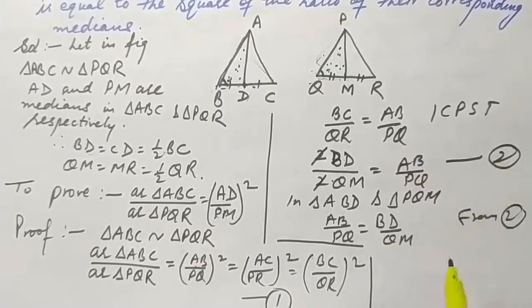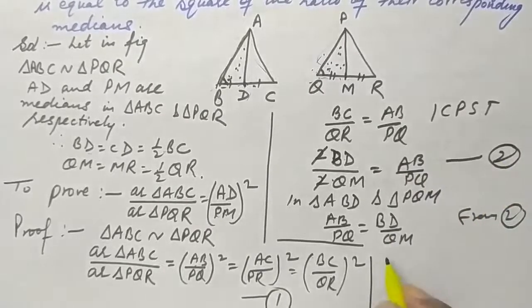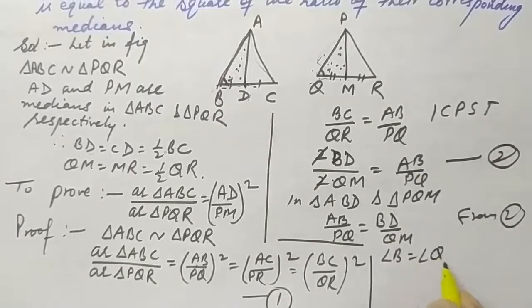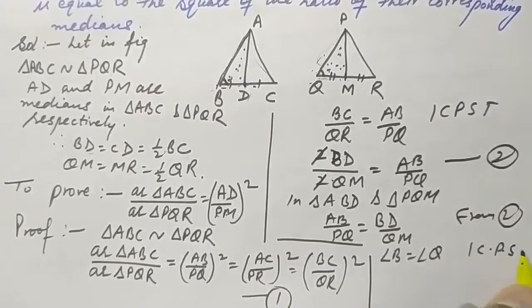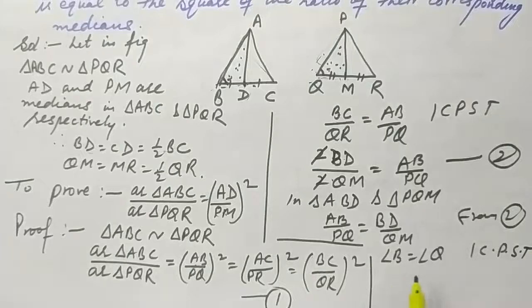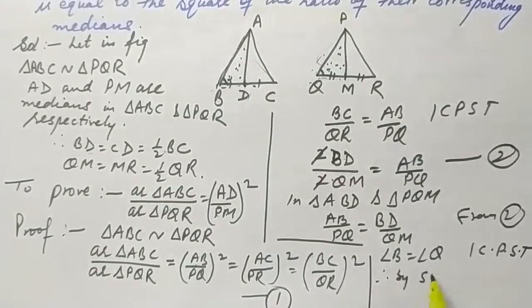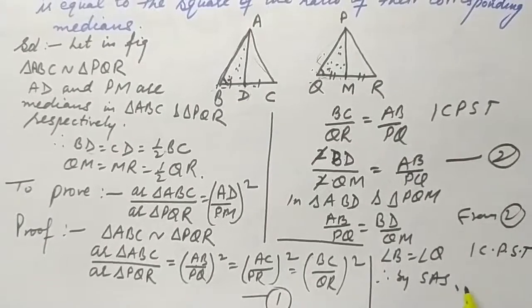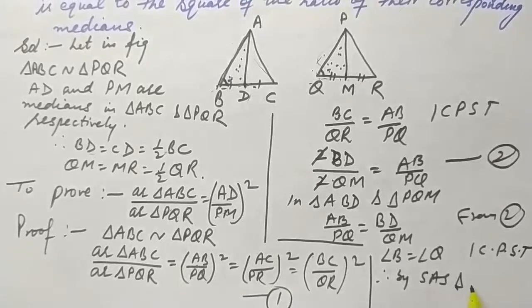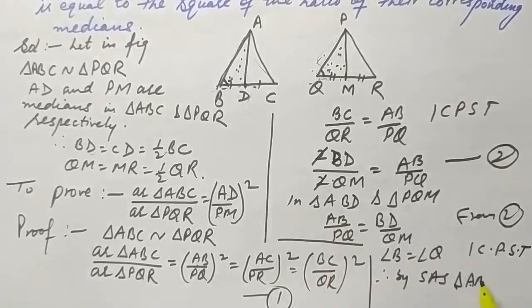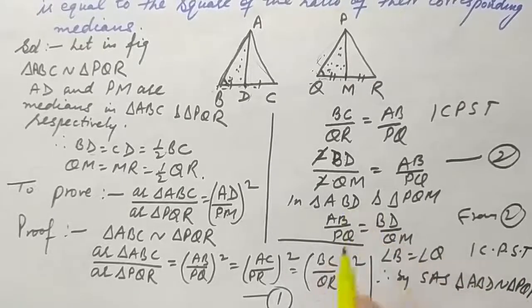Next, angle B is equal to angle Q by CPST, because corresponding parts of similar triangles are equal. Therefore by SAS, triangle ABD is similar to triangle PQM. So these two triangles are similar now.